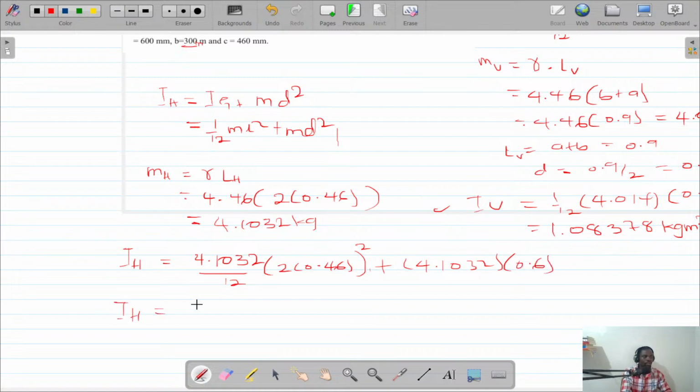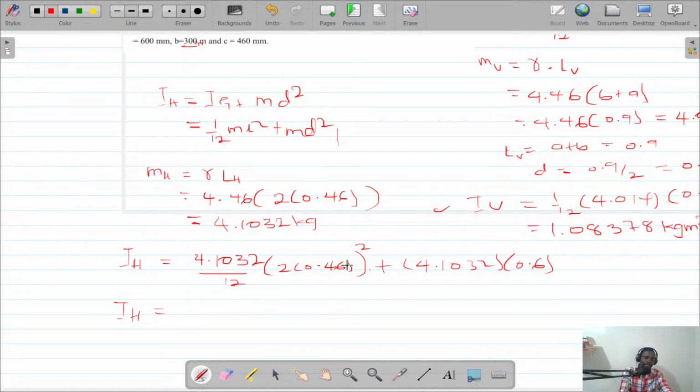So IH will be equal to 4.1032 all on 12 multiplying 2 times 0.46 squared plus 4.1032 times 0.6 squared.